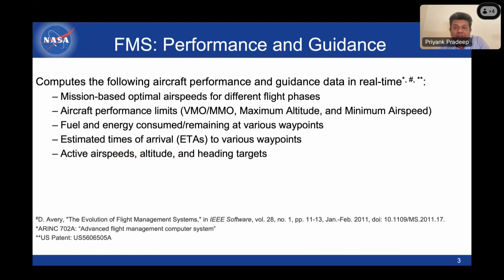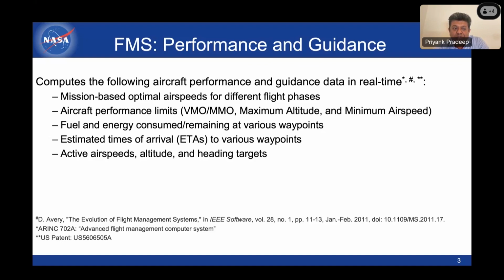So as performance and guidance are directly related to our research, I would just quickly go through them. As you know, FMS has two subsystems, aircraft performance and guidance, which are critical to flight performance. When we talk about aircraft performance, it's about finding optimal speeds for different flight phases, finding aircraft performance limits like max operating velocity, max operating Mach, maximum altitude, minimum airspeed, placard speeds.